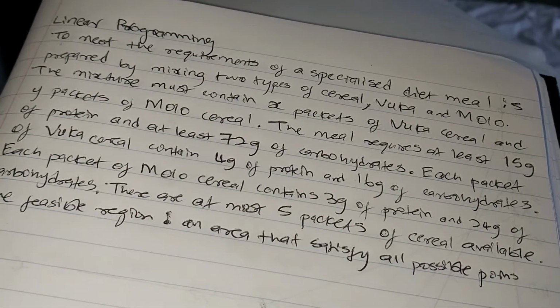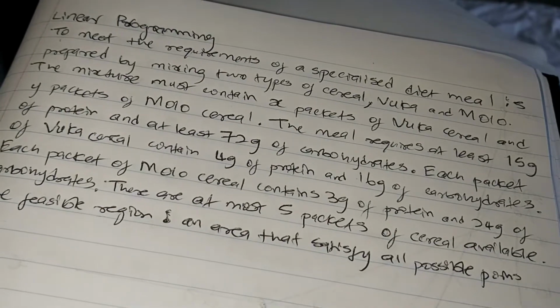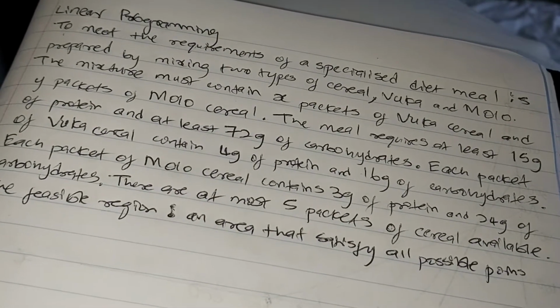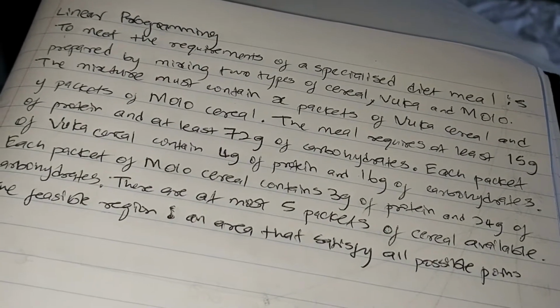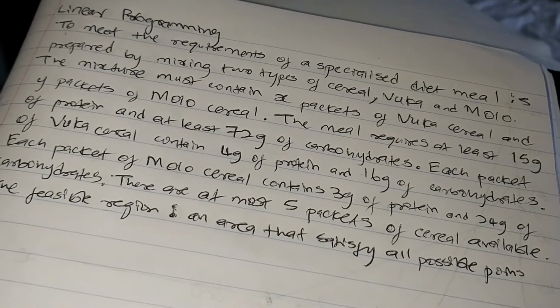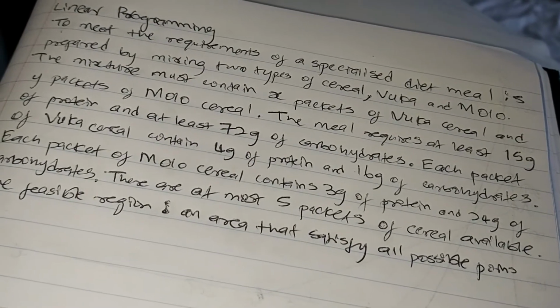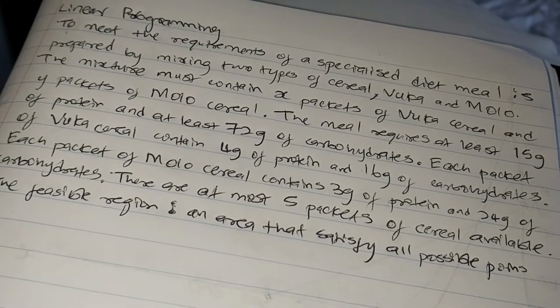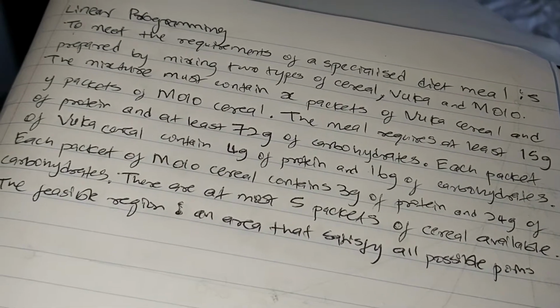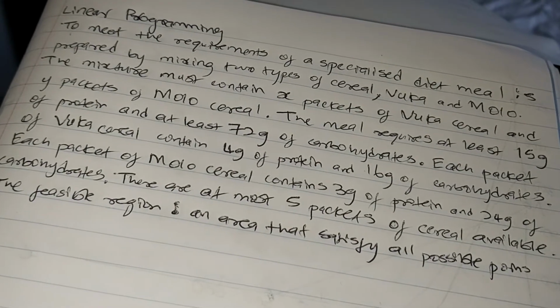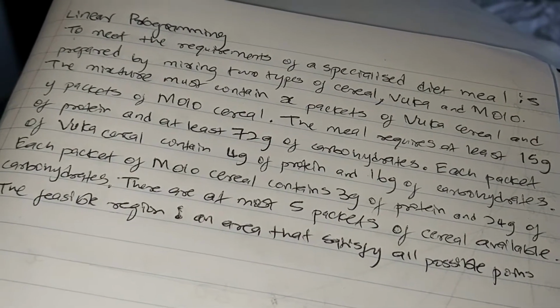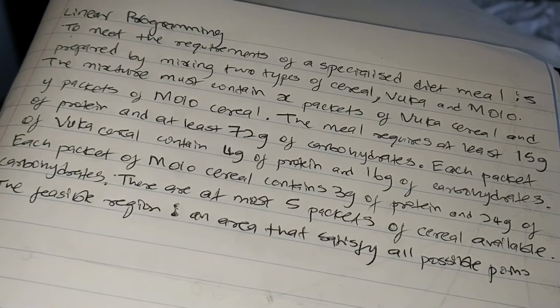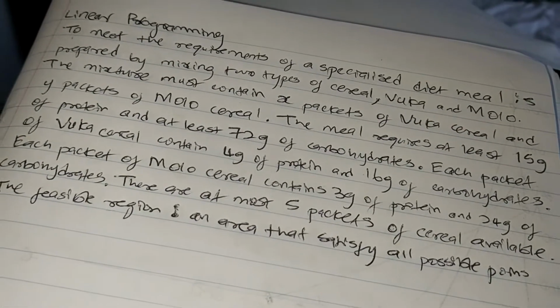So we are given the statement. They say to meet the requirements of a specialized diet, meal is prepared by mixing two types of cereal, Vuga and Molo. The mixture must contain X packets of Vuga cereal and Y packets of Molo cereal. The meal requires at least 15 grams of protein and at least 72 grams of carbohydrates.